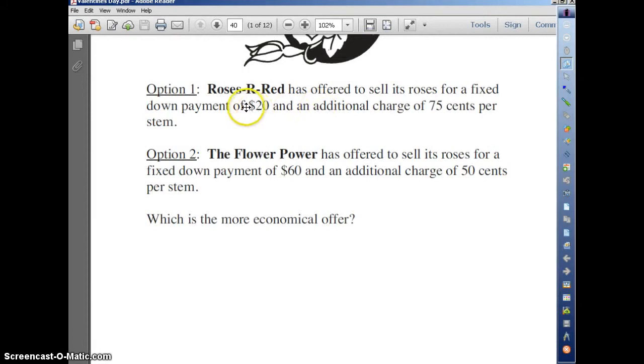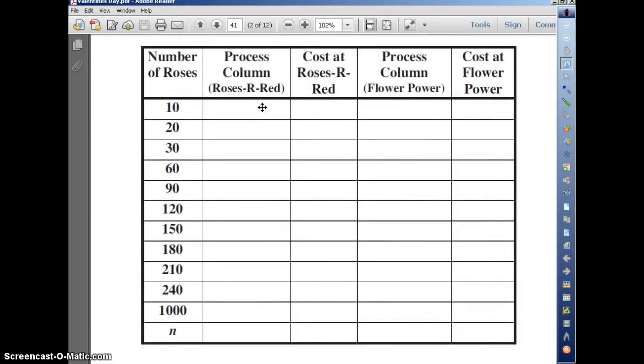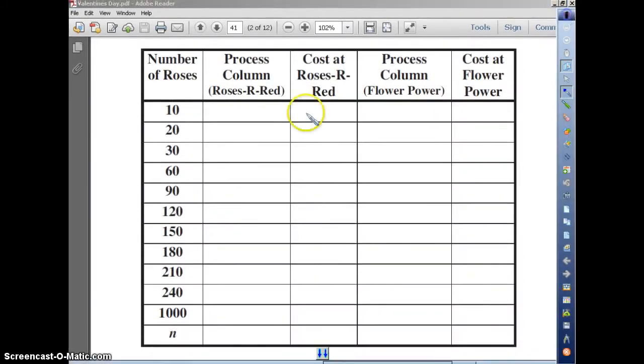Roses Are Red is a fixed down payment of $20 and 75 cents per stem. So, in your process column, it was a fixed down payment of $20 plus, what did it say, 75 cents per stem? 75 cents per stem for 10 flowers. 75 cents per flower times 10 flowers.